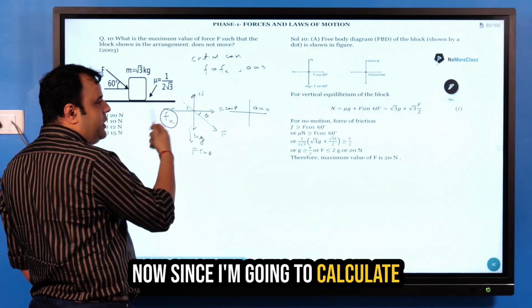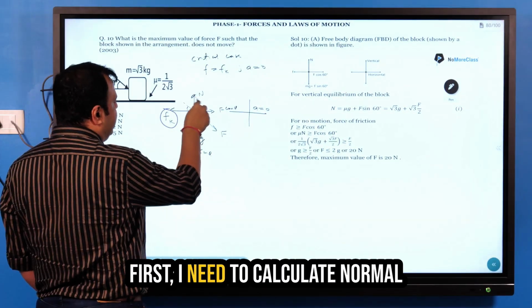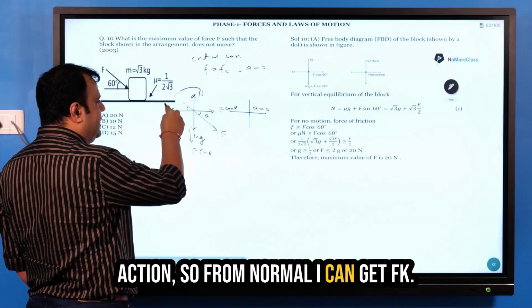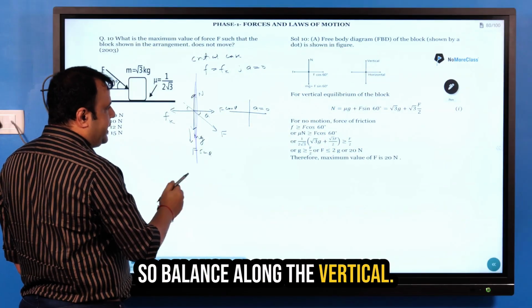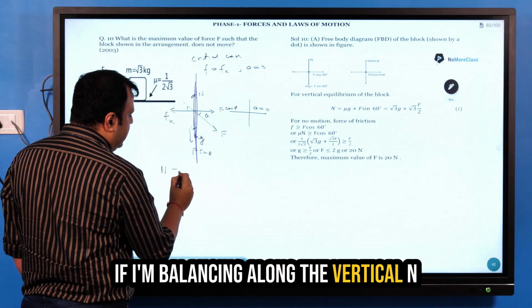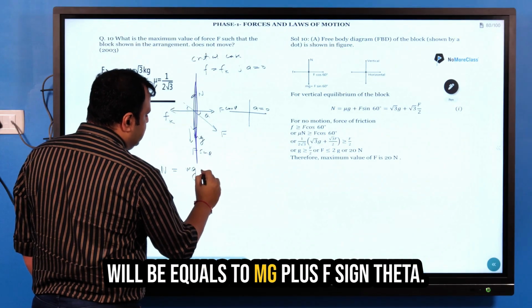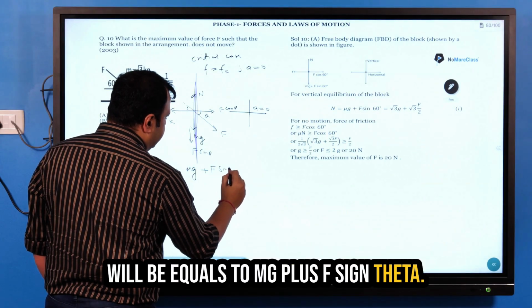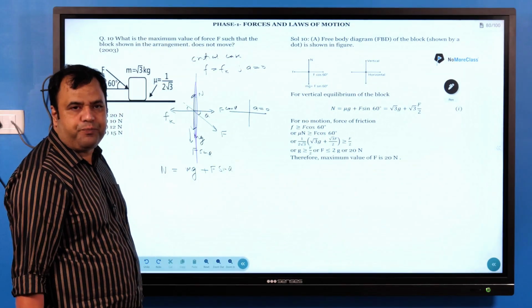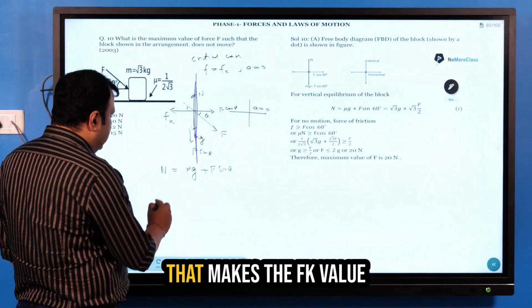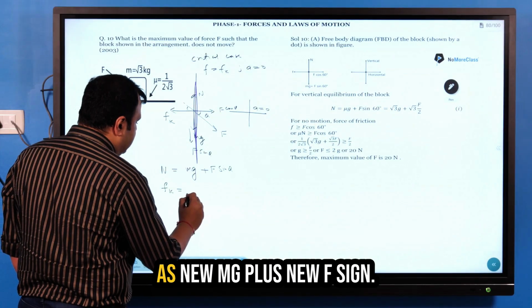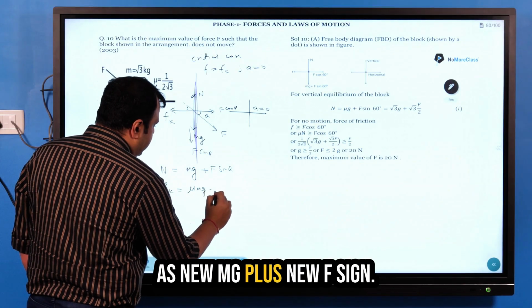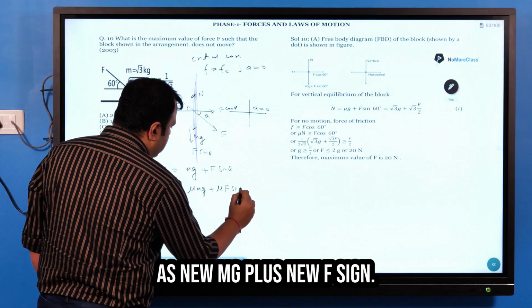Since I'm going to calculate the Fk, first I need to calculate normal reaction. So balance along the vertical: N equals mg plus F sin theta. That makes the Fk value as mu mg plus mu F sin theta.